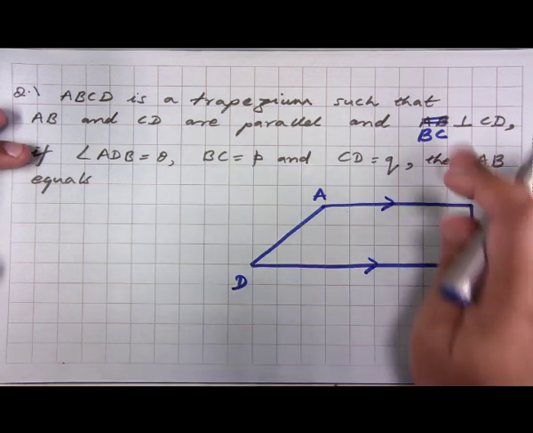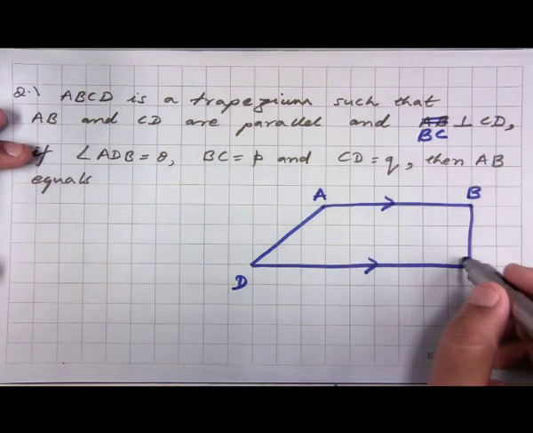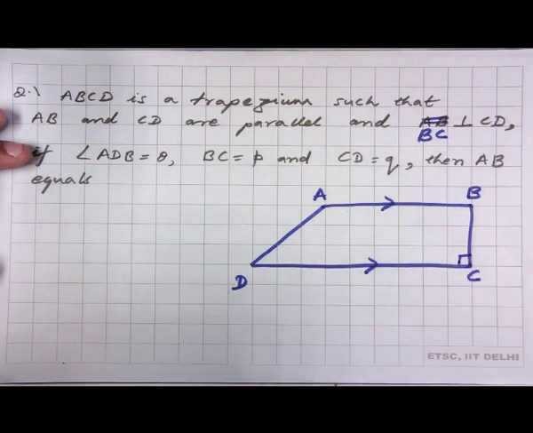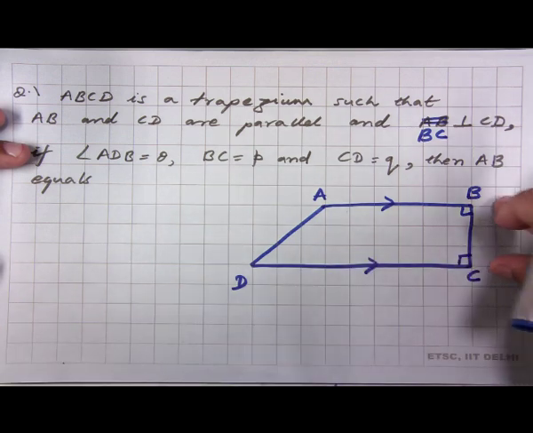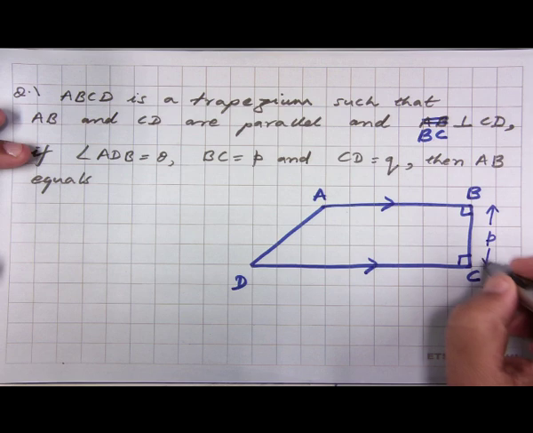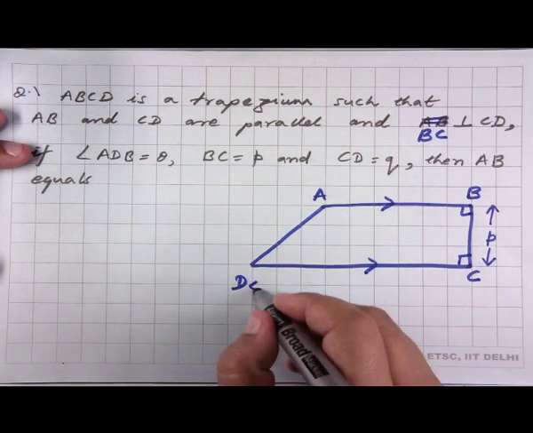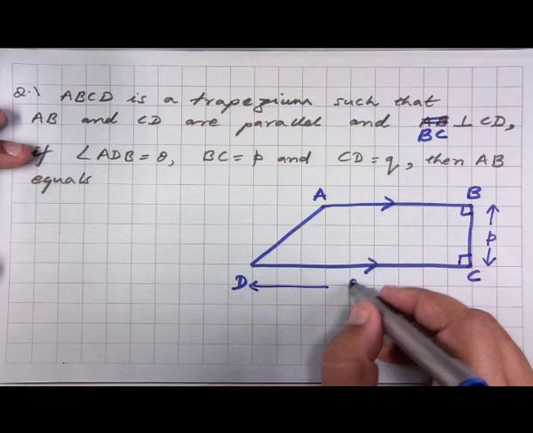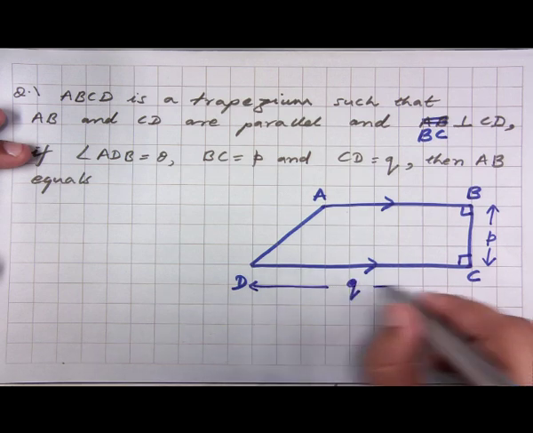Further, it is said that BC is perpendicular to CD. So, what that means is that this angle and also this angle are both 90 degrees. It is said that this length BC is equal to P, and this side CD of the trapezium has a length equal to Q.